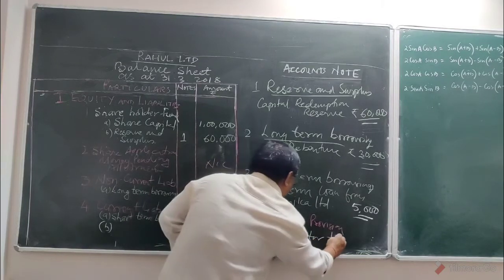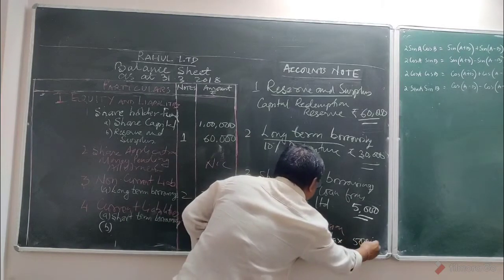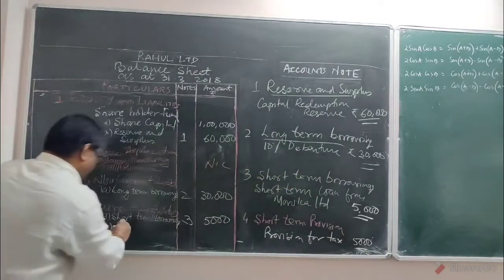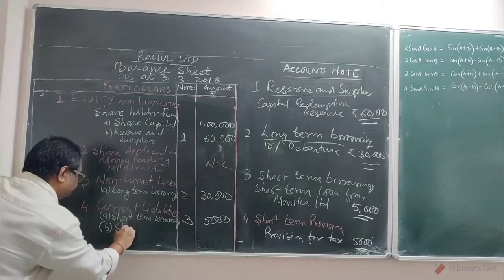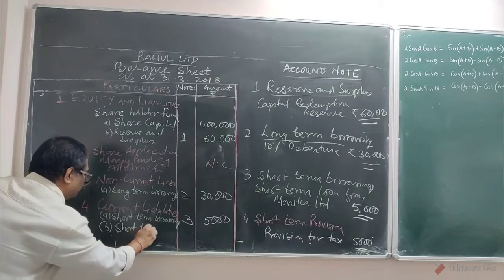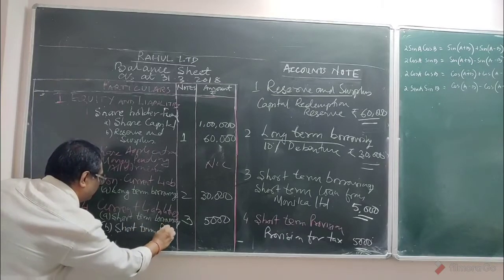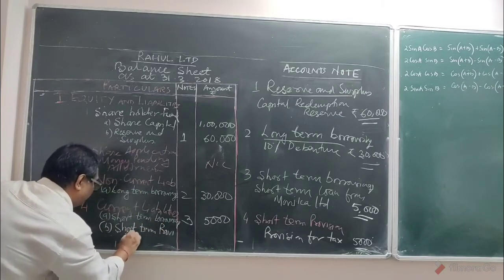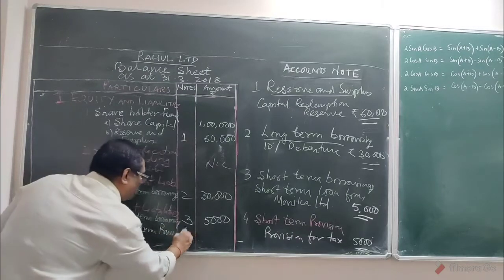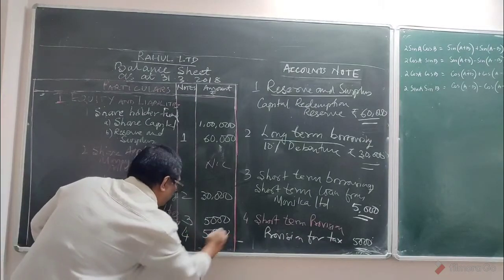The amount is 5,000 rupees. So this account note number 4, we have the amount 5,000.